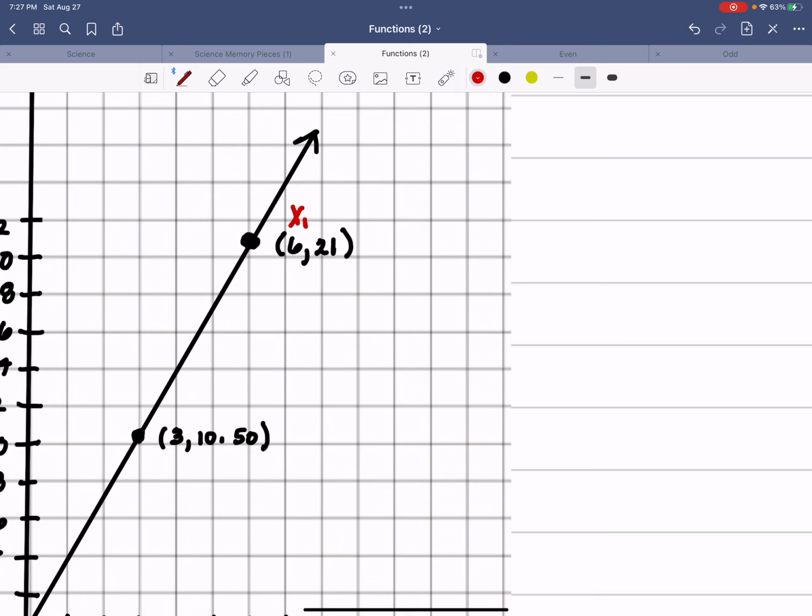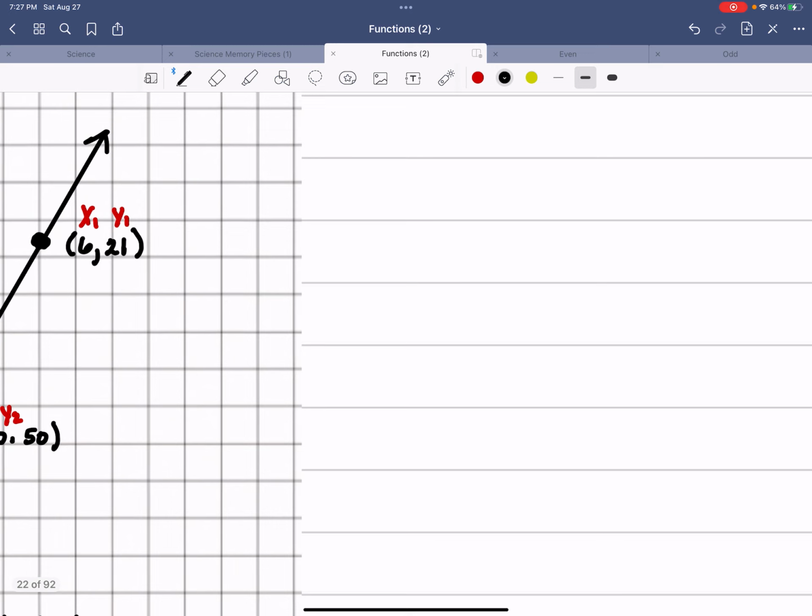So here's x1, y1, x2, and y2. So if in doubt at all, use the formula. So slope is y sub 2 minus y sub 1 over x sub 2 minus x sub 1.